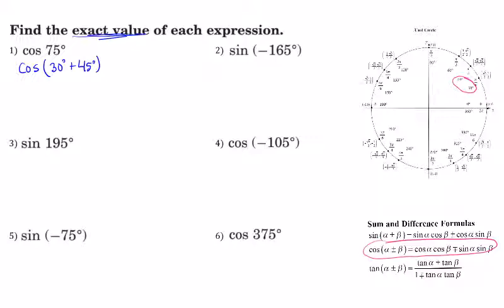Okay. So I have cosine of 30 plus 45, and I'm going to use this formula here. It's going to be cosine of alpha, which in this case is 45. So I'm going to put 45 here, and I'm going to put 45 in this other spot for alpha.